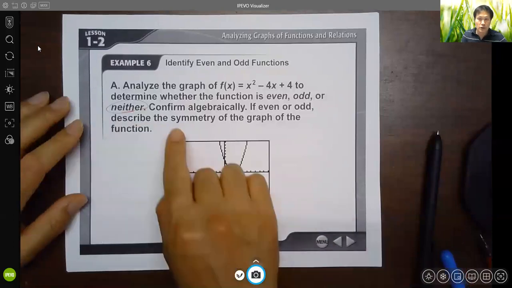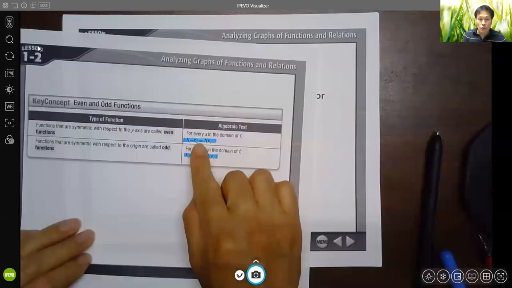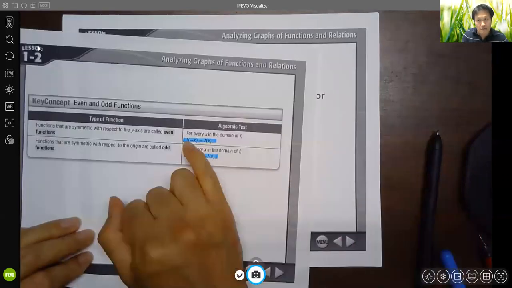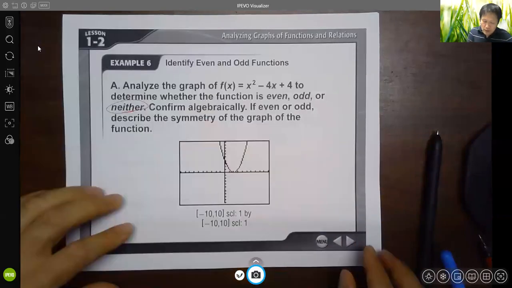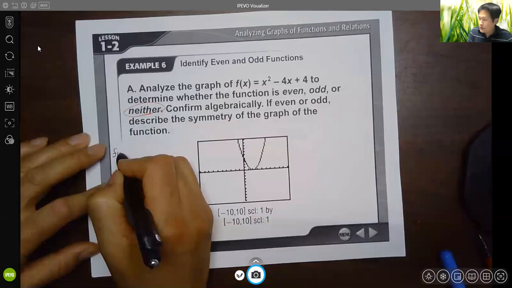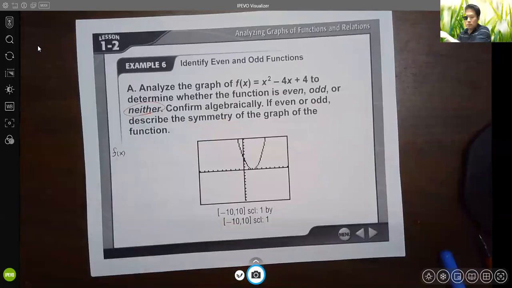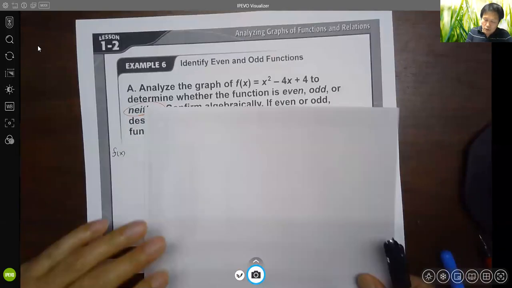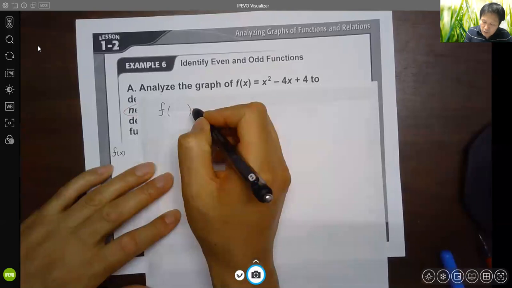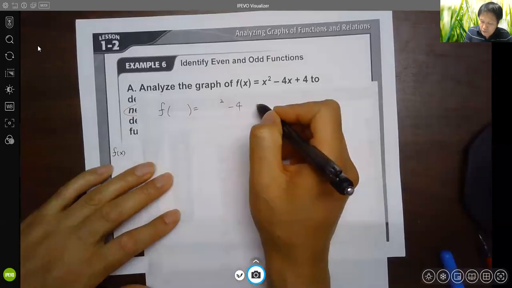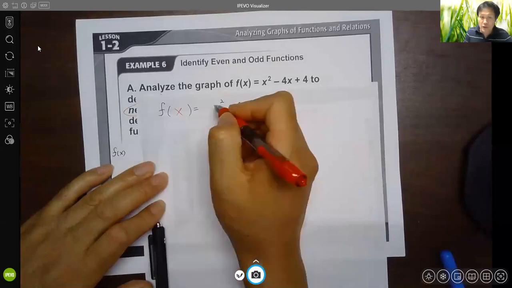Confirm algebraically. Okay, this is a part you need to do. What do you need to do? You have to do f of minus x. So f of x here, you got f of x equal to x squared minus 4x plus 4.